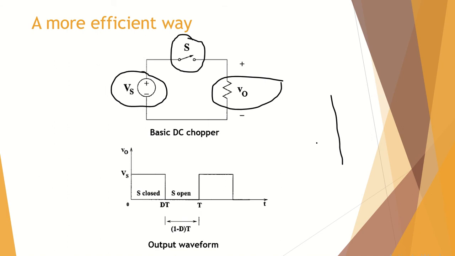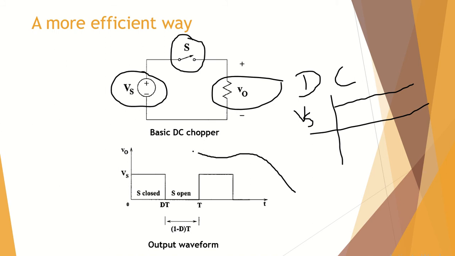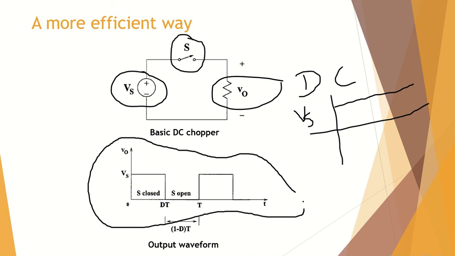So if our input is like this, this is our fixed DC voltage, this is our input voltage Vs. And if you switch on and off for some time interval, then you can have this output voltage like this one: for a certain time period the switch is closed and you have the output, and for a certain time period your switch is open and the output is 0.